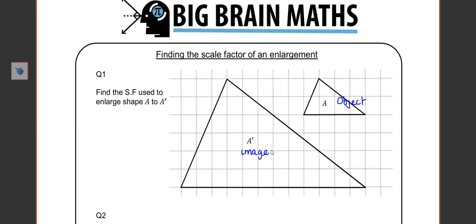Okay? So, scale factor, what does that mean to you? The scale in which you are increasing the... Yeah, how much you're increasing it by. Or decreasing. Now, a scale factor, what does factor remind you of?